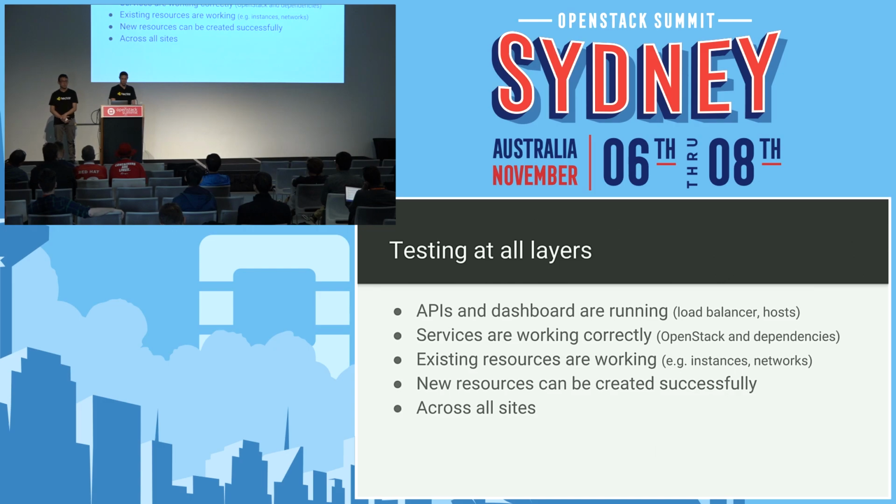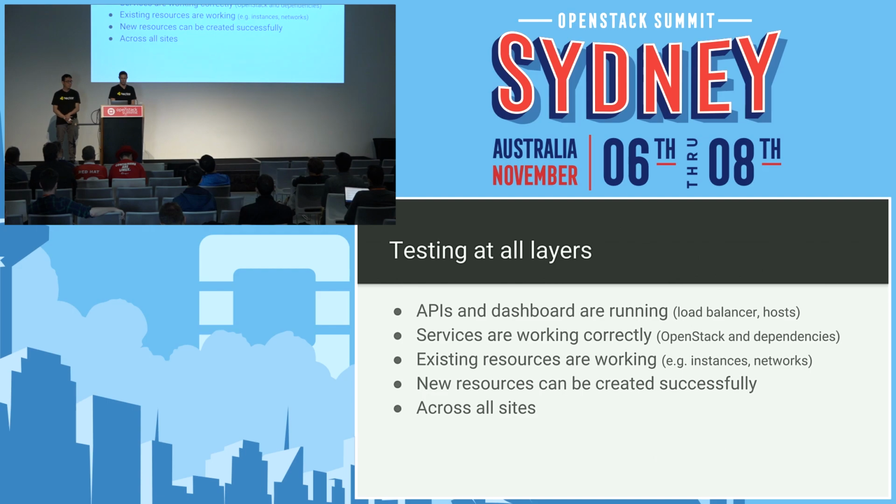So first of all, we're testing load balancer endpoints, so we're testing your Keystone, Nova, those sort of services, and then testing the dashboard, obviously. With the APIs, we're testing not only the load balancer endpoint, we also want to test all the members of the pool for that service as well.